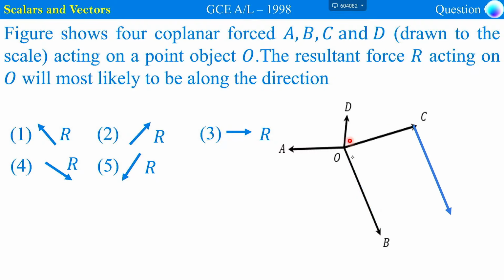Why? Because OC plus OB, and I bring OA to the point where it is over, and now I have to draw DO from there. Now this is the starting point and this is the end point. So the resultant is closest to 4.